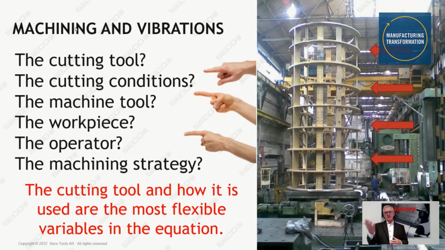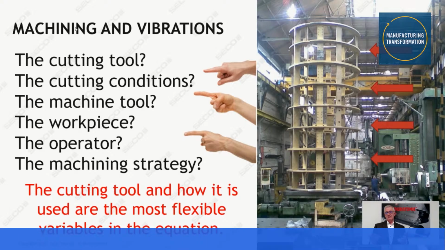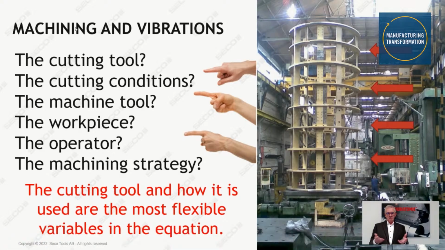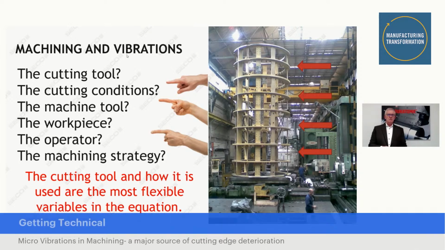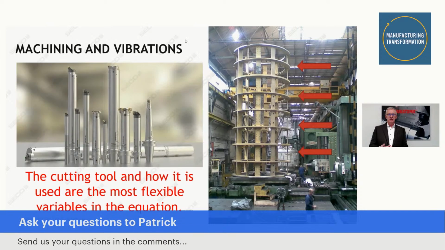The same with the machine tool. We could say this machine tool causes the vibrations, but the machine tool is what we have, so we have to work with it. But the cutting tool and how it is used, that's the variable we can change very easily. That's why in most cases people look at the cutting tool and the cutting conditions, and see what they can modify there to take care of vibrations.